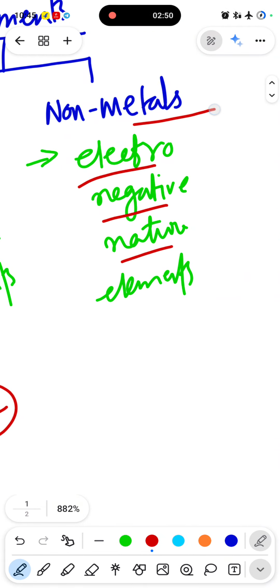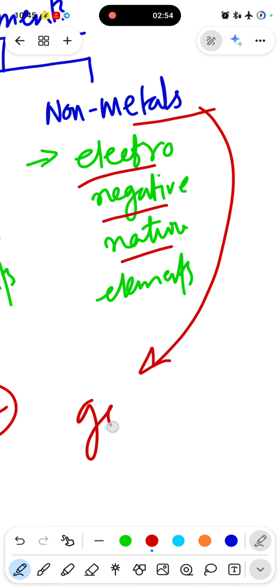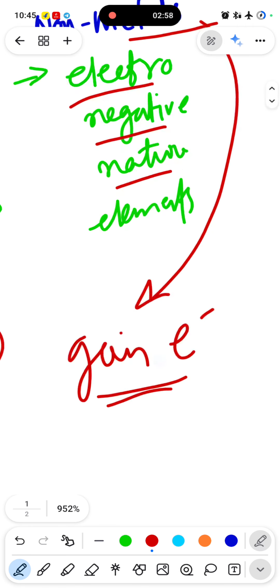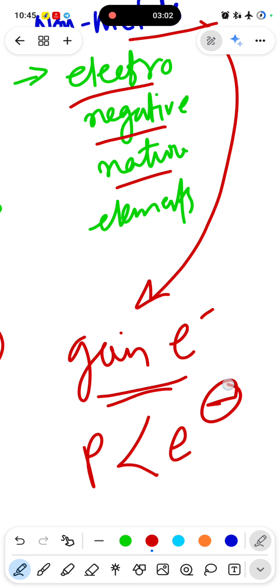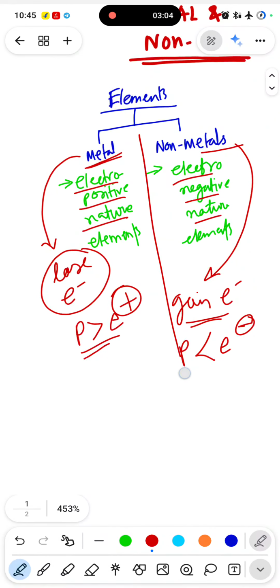Whereas a non-metal has a tendency to gain electrons, and hence its proton number will be less than the electron number, and hence it will get a negative charge. That's the simple thing.